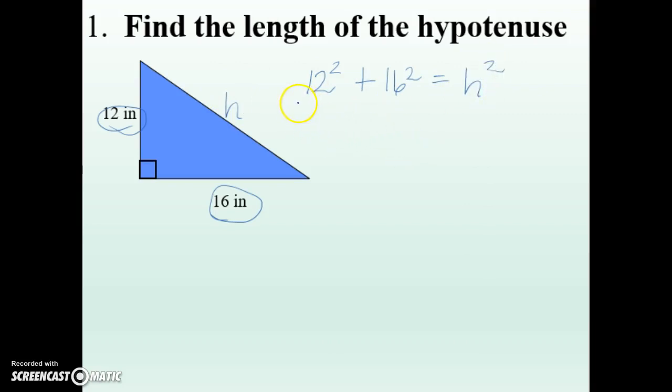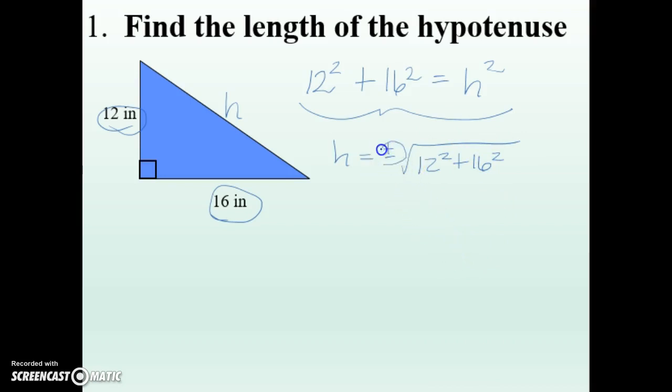I don't know that we need to take the time to do all the math. Therefore, h has to be plus or minus the square root of that sum. I mean, we can all get our calculators out and figure out what that is.